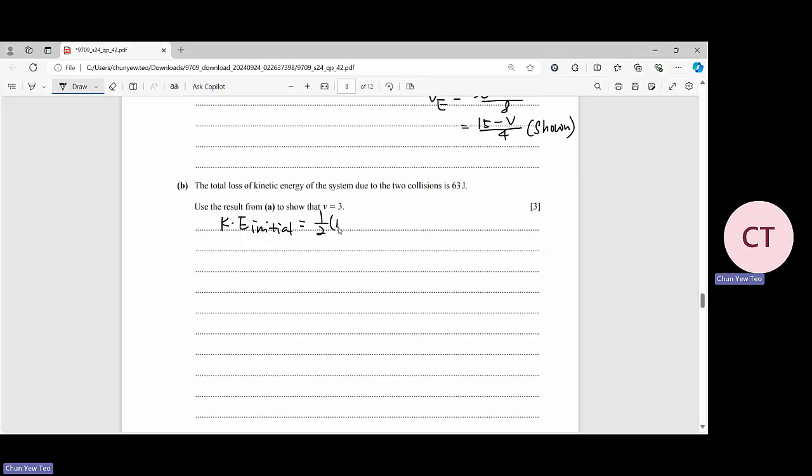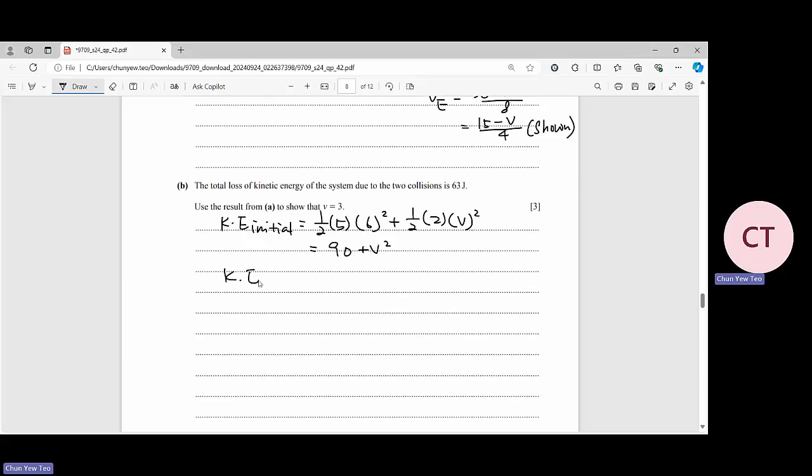The m is the mass of A, and v is 6. Then plus half mC v squared, so mC, the mass of C, is 2, and the speed remains V. If you simplify it, you get 90 plus V squared.